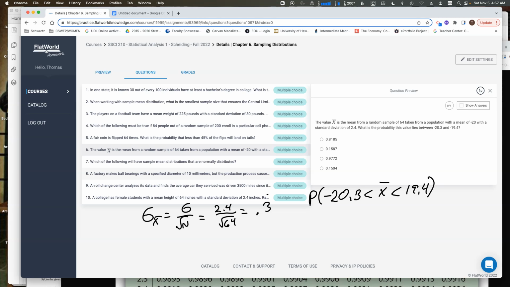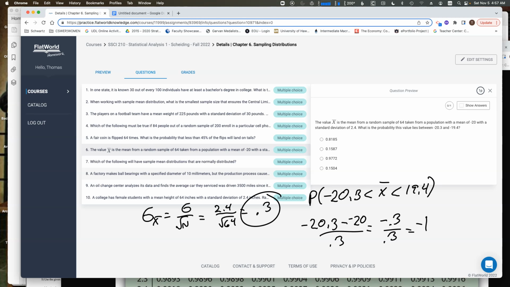Okay, so now let's go back to here. So now it's going to be -20.3 minus -20 over 0.3. So that's equal to -0.3 over 0.3. So that's equal to -1.